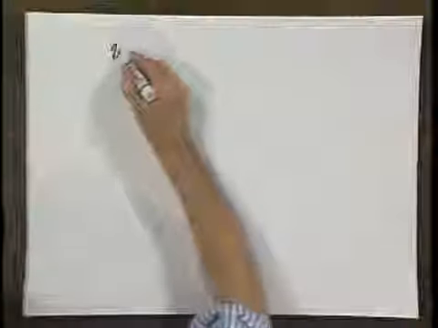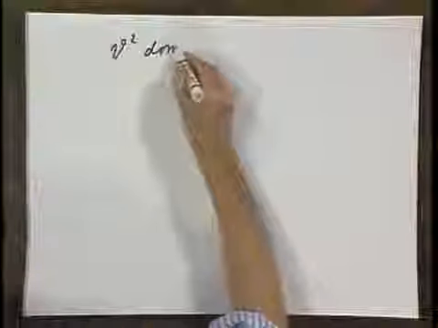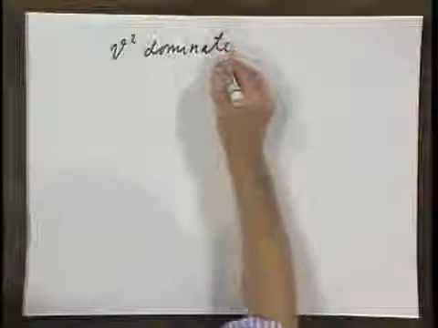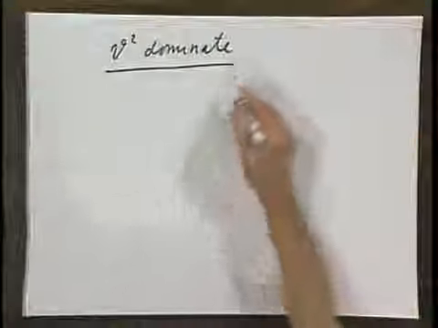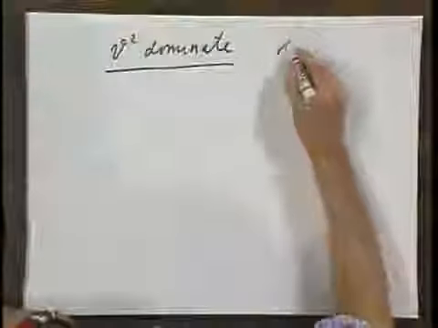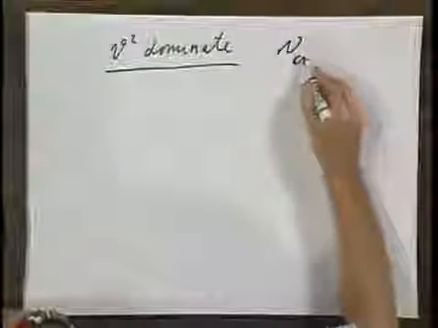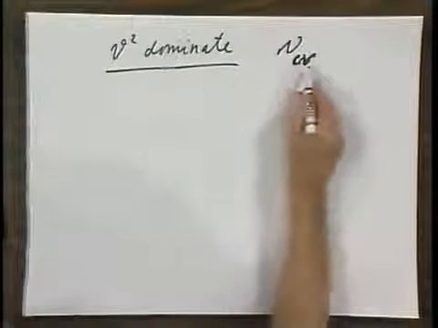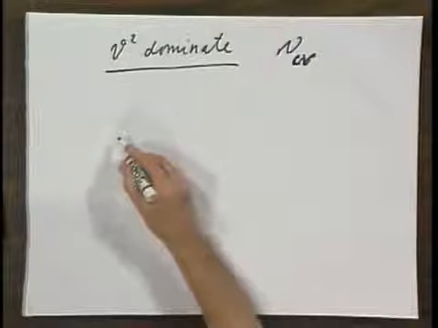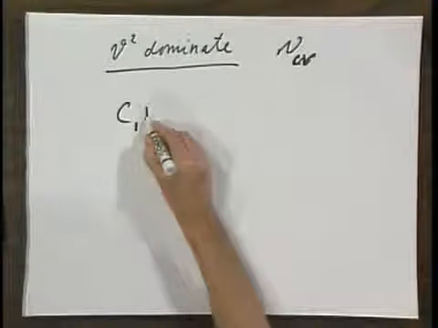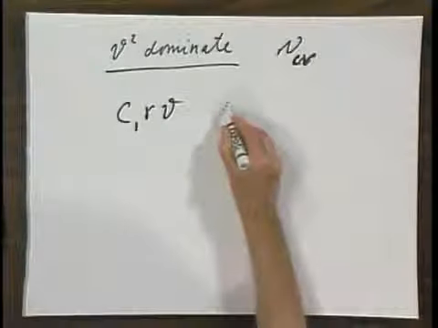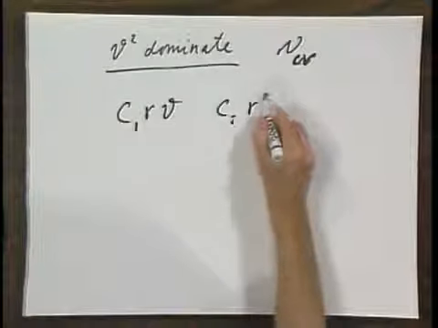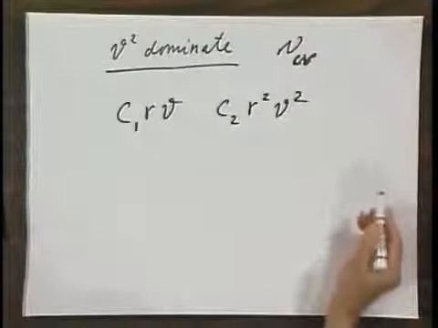Now, very often, the v-squared term will dominate. If you want to know at what critical velocity this term becomes more important than the linear term, then you have to compare the linear term, c1rv, with c2 r squared v squared.